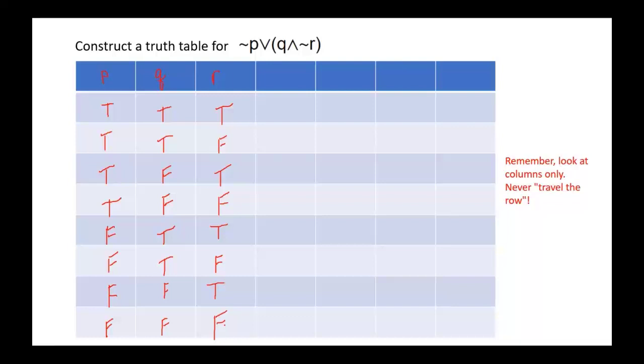I don't know what these statements mean, so I don't know which one is actually applying to my case, but these are the possibilities. So now you want to look at what we need to negate. Starting on the inside here, I have a Q column and I have an R column, but I don't have a not R column yet. So that's the very next thing I'm going to put: not R. All I have to know here is that it's the opposite truth value of what the R column is.